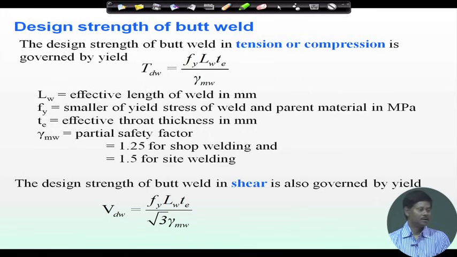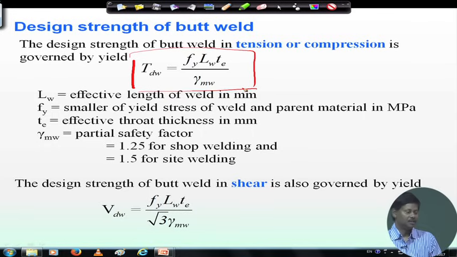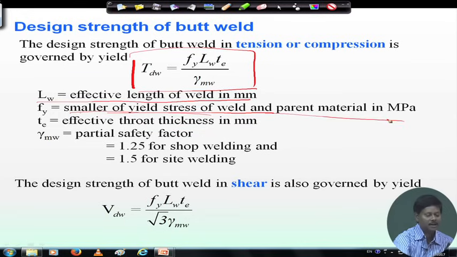Now, we will calculate the design strength of butt weld. Design strength of butt weld in tension or in compression can be found from this formula: T_dw is equal to F_y L_w T_e by gamma_mw, where L_w is the effective length of weld in millimeter, and F_y is the yield stress of weld and parent metal, meaning whichever is smaller of the yield stress of weld and parent metal.